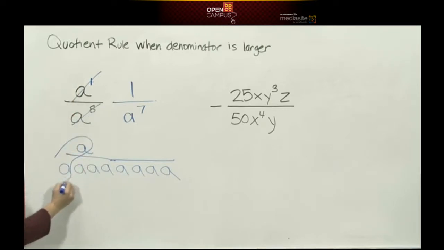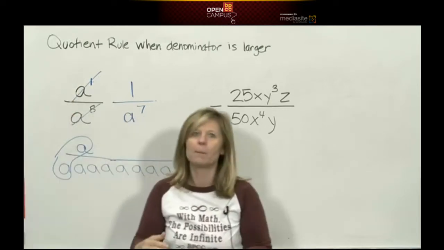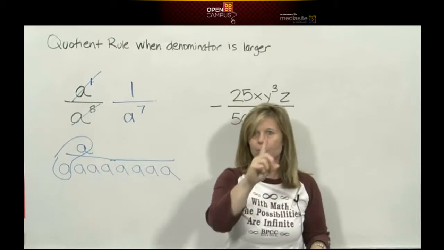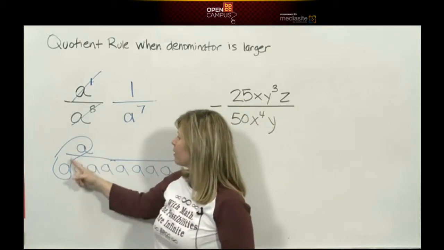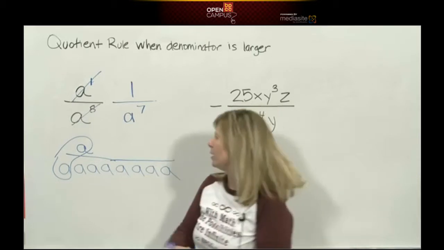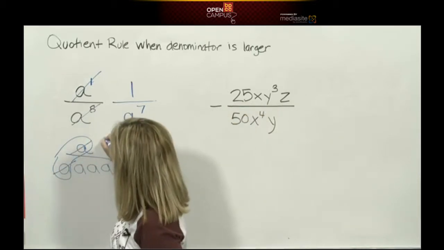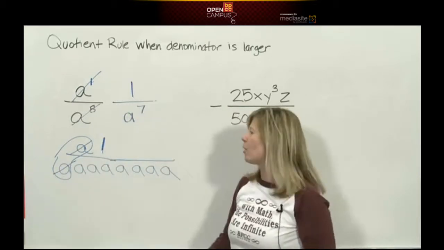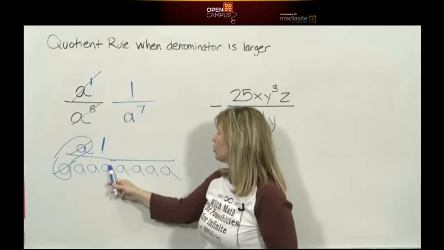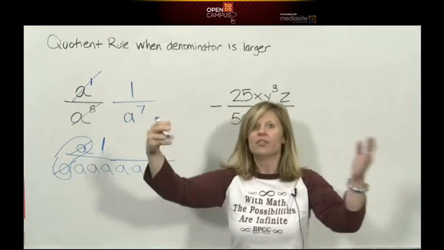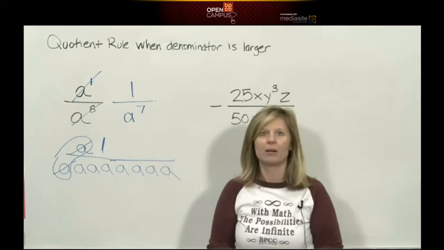We know from arithmetic, dividing the same number gets us a 1. So when we divide the same letter in algebra, our quotient is 1. When I divide A by A, it gives me a 1. That's why we're putting a 1 in the numerator. If you count 1 through 7, there are 7 A's in the denominator.